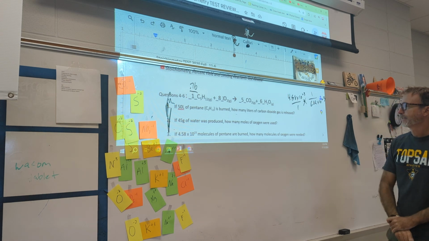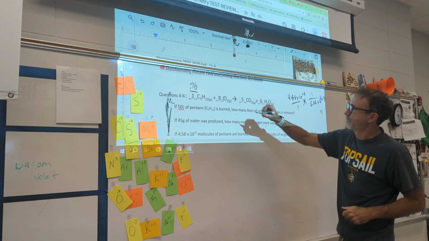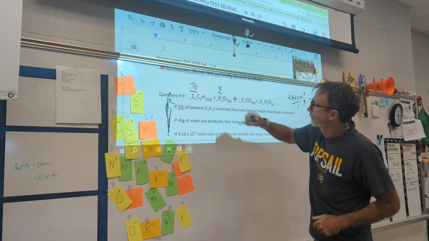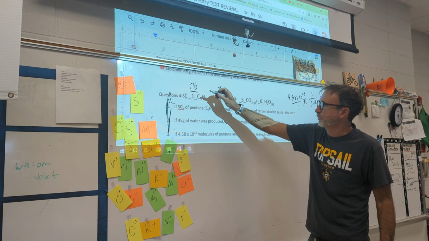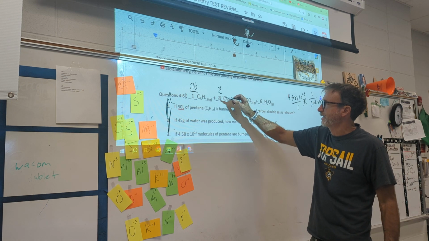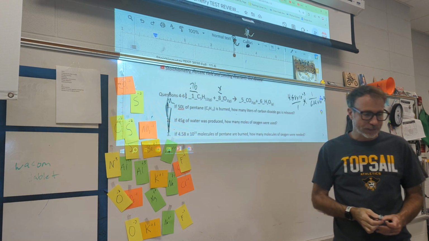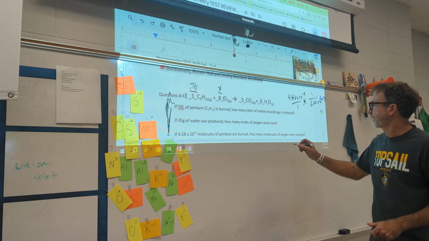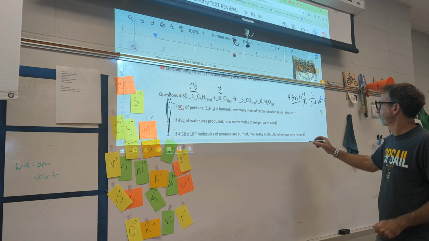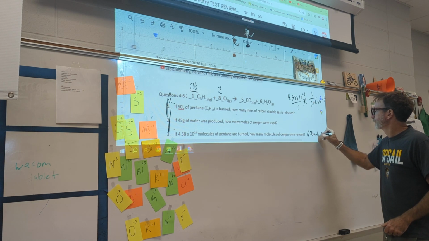How many molecules of oxygen were needed? 0.76 moles would be how many moles of this? 0.76 is to 1 as X is to 8. It's going to be 8 times as much. So we hit times 8, and that gives us 6.08 moles.